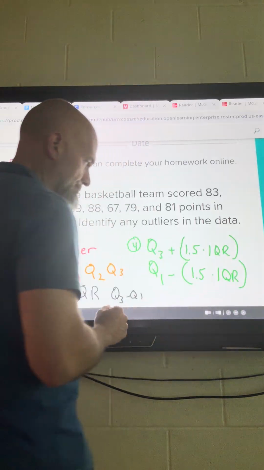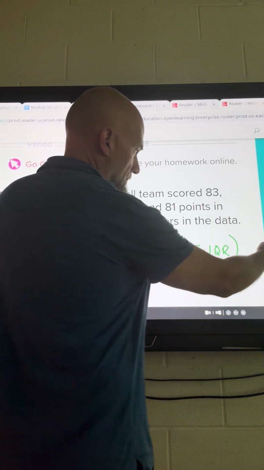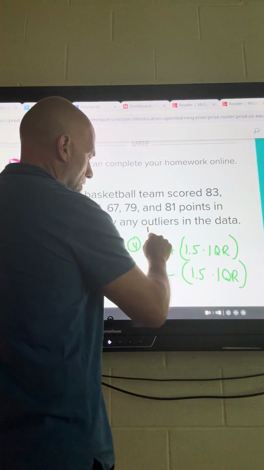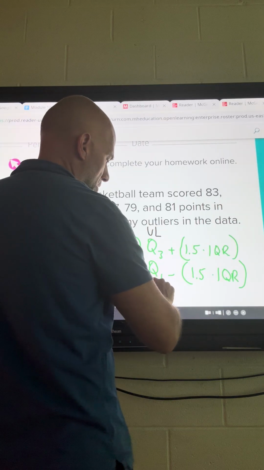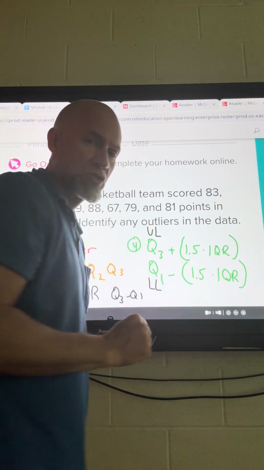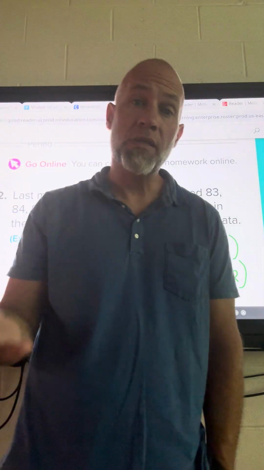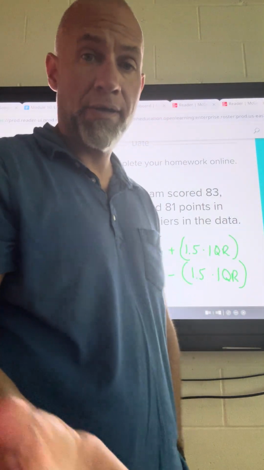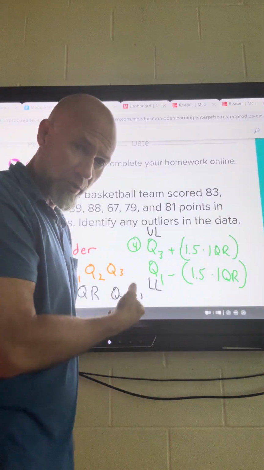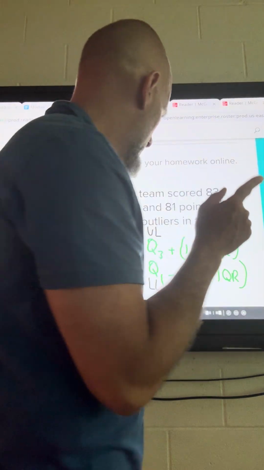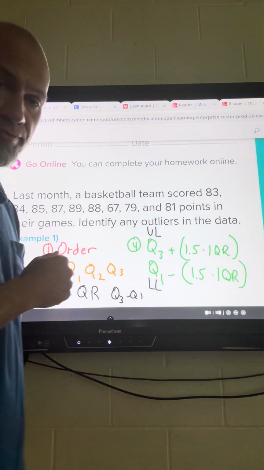Now remember, this Q3 plus 1.5 times the IQR is going to be your upper limit, and this will be your lower limit. So anything beyond the upper limit is going to be an outlier, and anything below the lower limit is going to be an outlier, okay? So those are your steps.